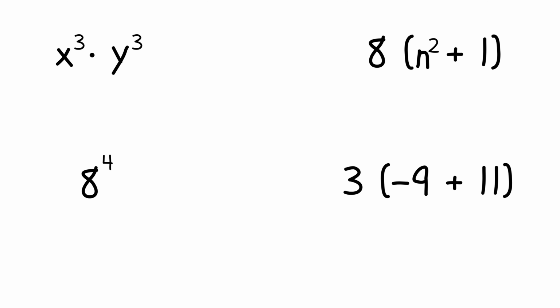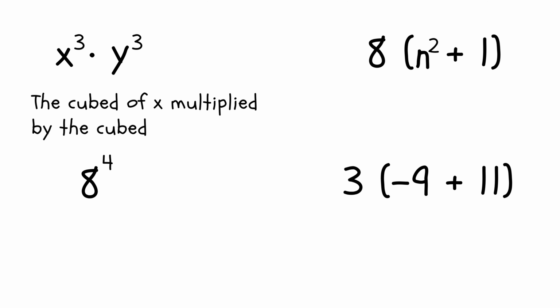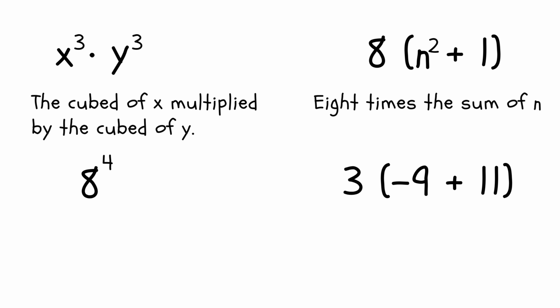All right, let's go over these one by one. The first expression is x cubed times y cubed. We can say the cube of x multiplied by the cube of y. Next, for 8 times n squared plus 1, we can express this as 8 times the sum of n squared and 1.